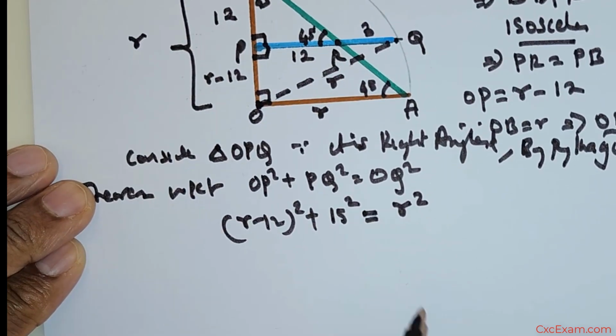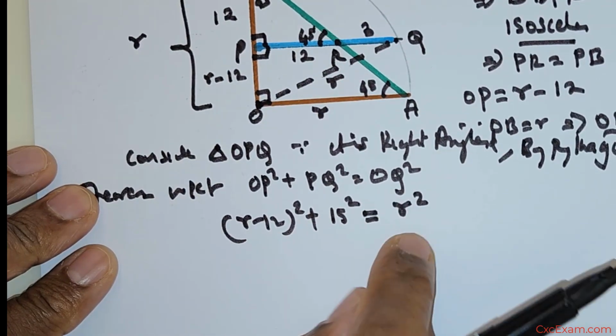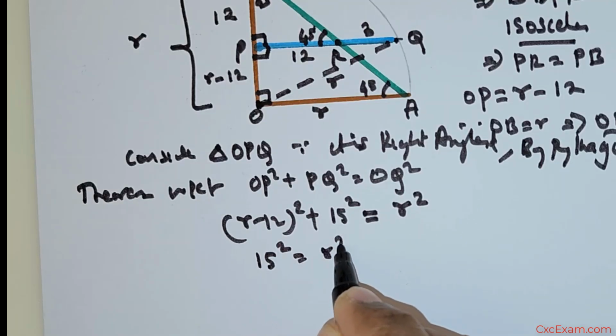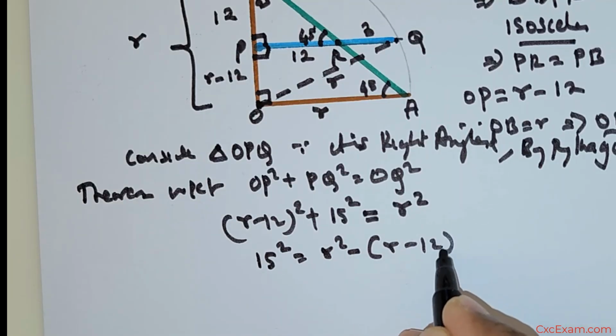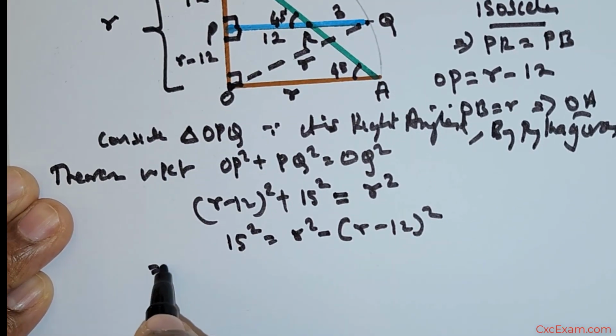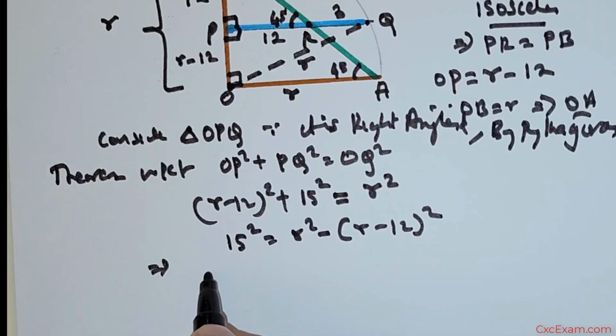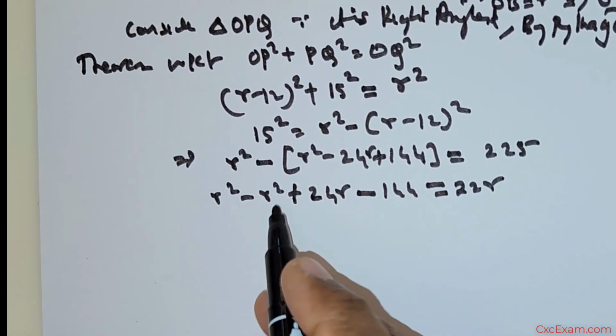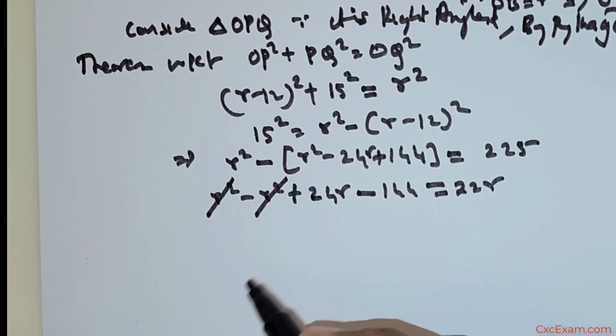Now what we will do is we will push this to the other side and rewrite this as 15 squared is equal to R squared negative of (R negative 12) the whole squared. So this in turn would mean, expand this, right? So negative positive goes off.